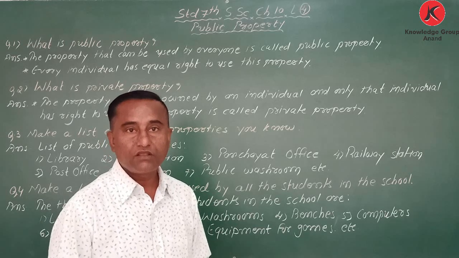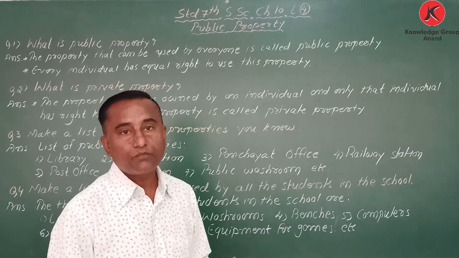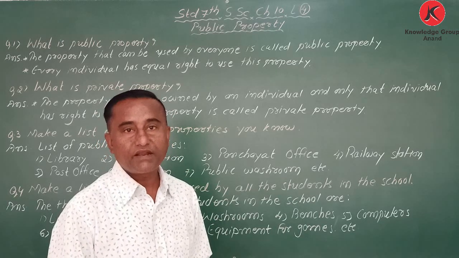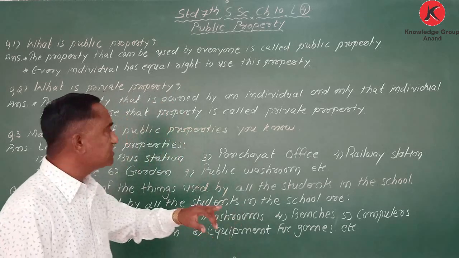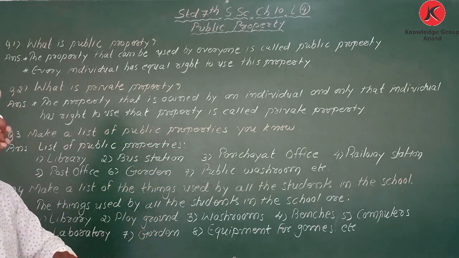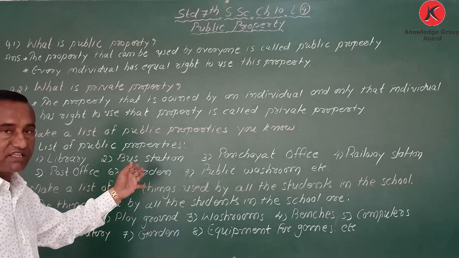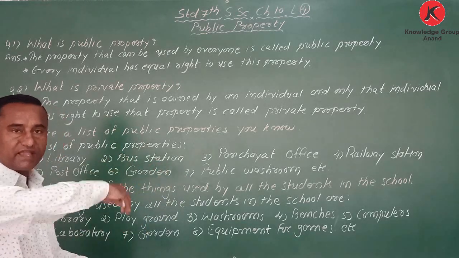These things are given by the government, so they are called public property, and you can use them. Here the question is: make a list of public properties you know. Many things are there, but I have written very few, the ones surrounding you.